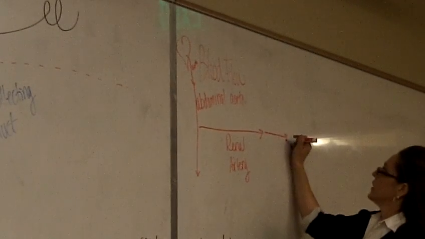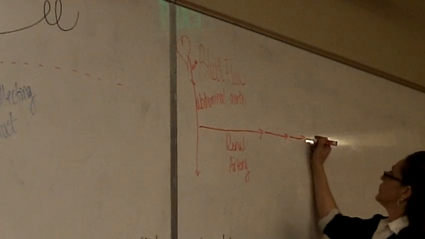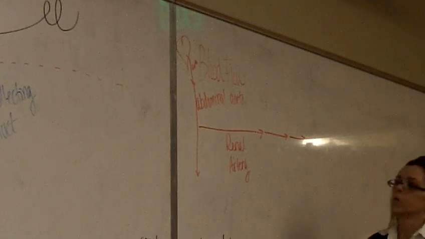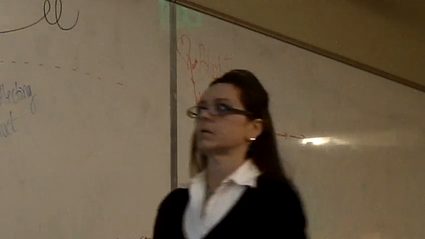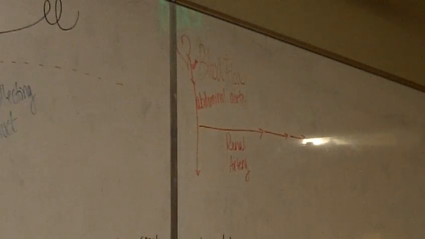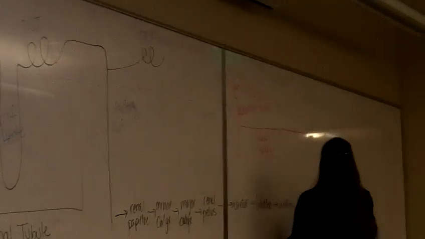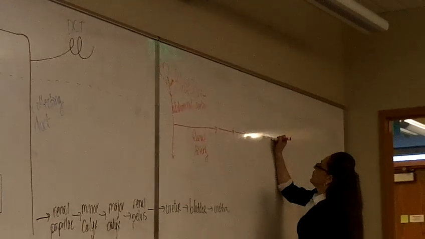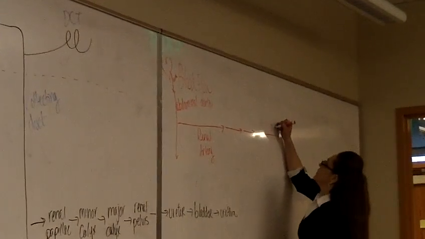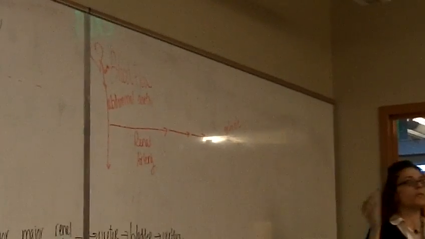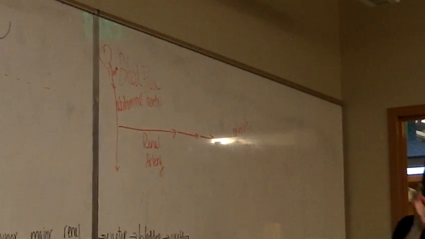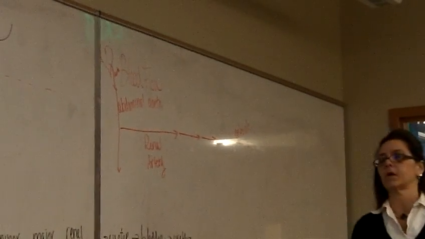Now, we're going to have, like I said, several branches once we get into the kidney that we're not going to talk about. Okay? So you can see there's several different arteries. And eventually, we're going to get down to an arteriole. Just like every time we've talked about circulation, that's been the pattern that we've taken.